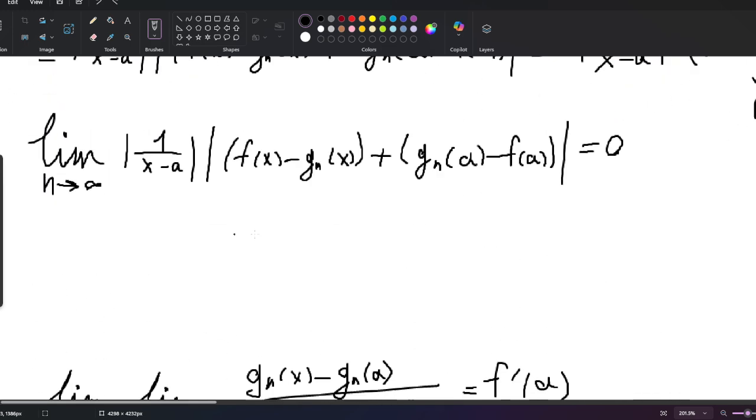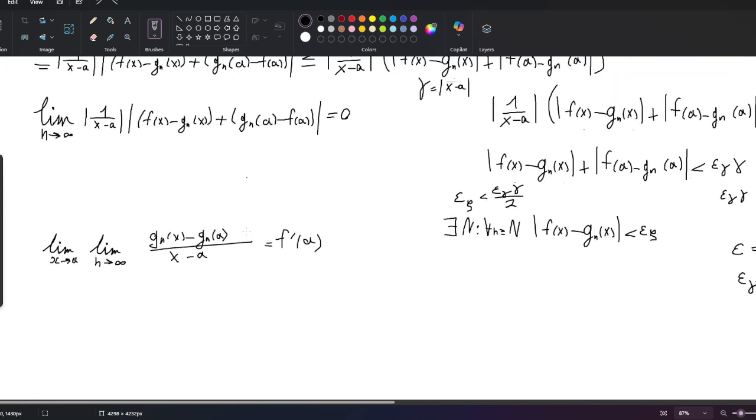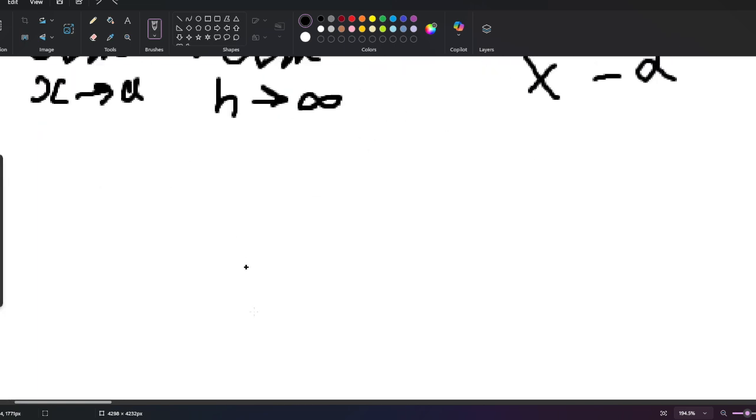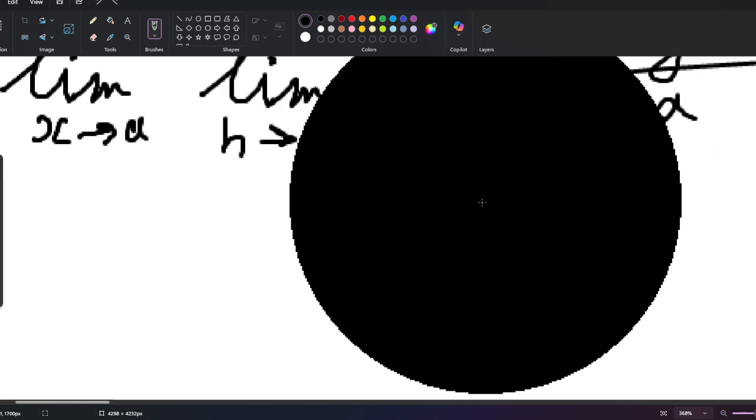Alright, now if we were to look into this, then that means there's an n such that this is sufficiently close, so we can do some limit swapping.